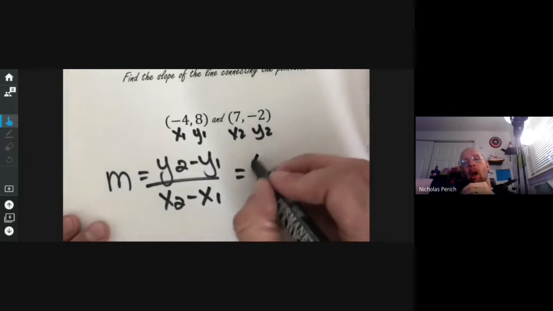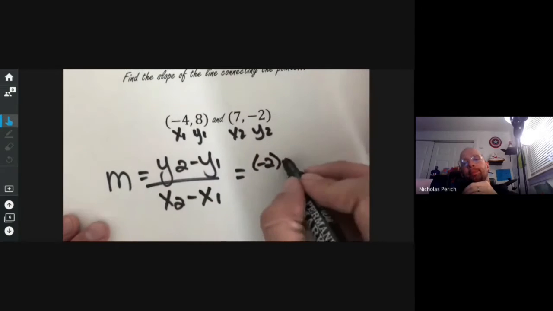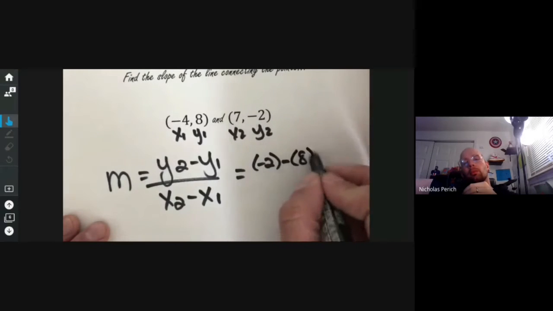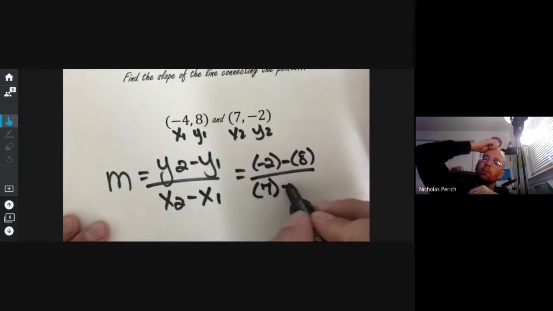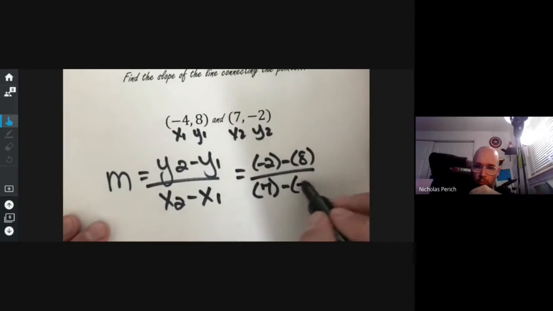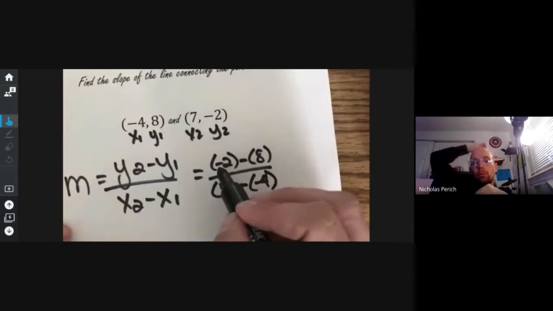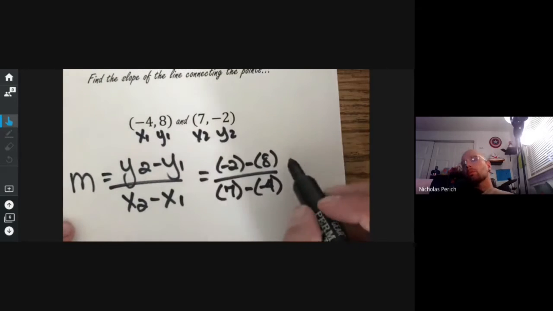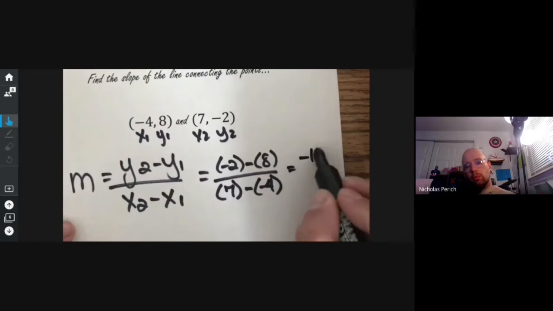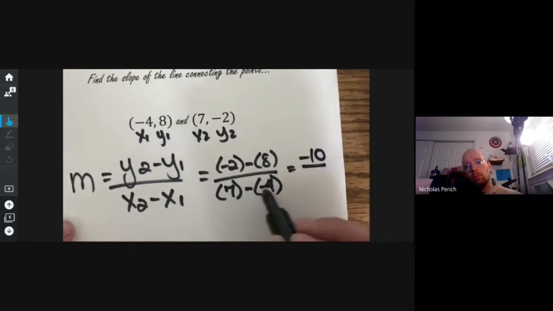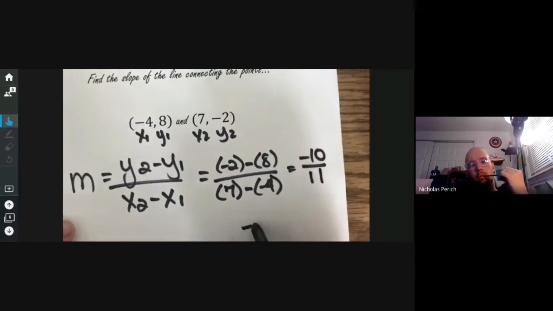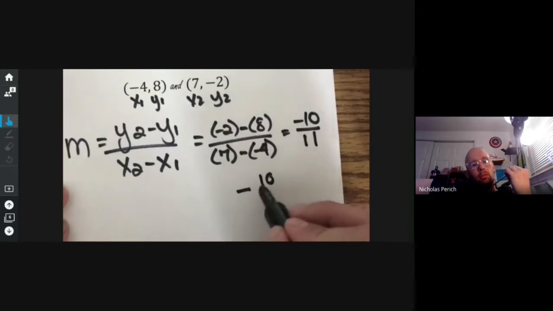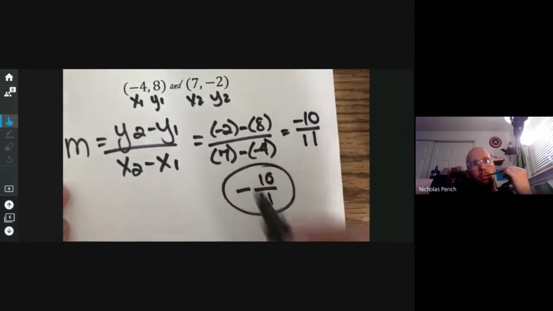Y sub 2 is negative 2 minus y sub 1, which is 8, over x sub 2, which is 7, minus x sub 1, which is negative 4. Negative 2 minus 8 is negative 10. 7 minus negative 4 is positive 11. And I end up with negative 10 over 11. Done.